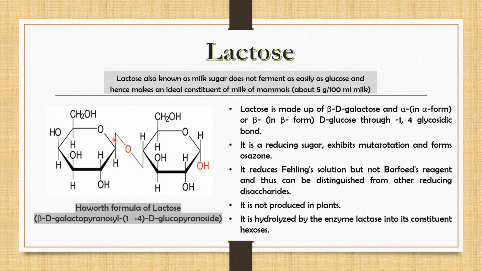Beta-D-galactose condenses, forming a glycosidic bond with the hydroxyl group on carbon 4 of glucose, leaving a free anomeric carbon, meaning lactose is a reducing sugar.